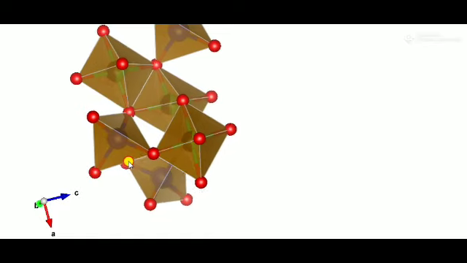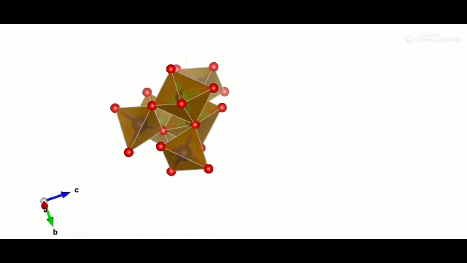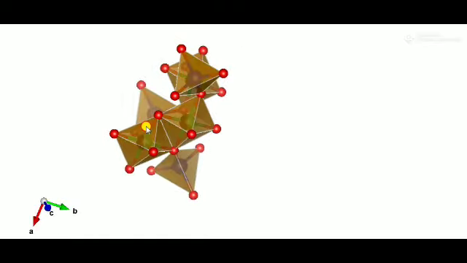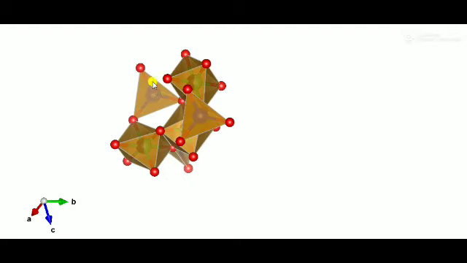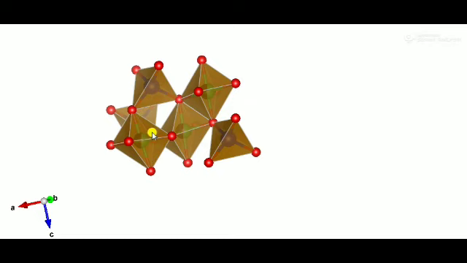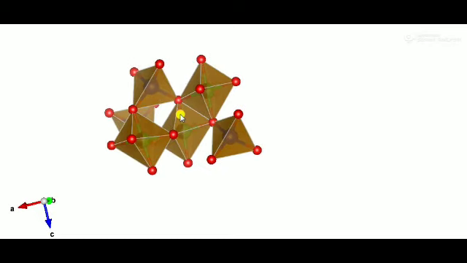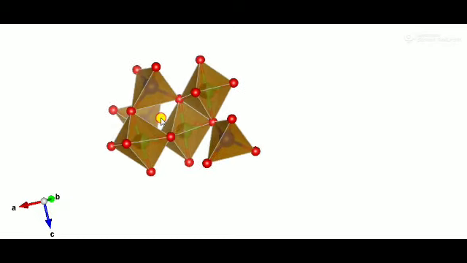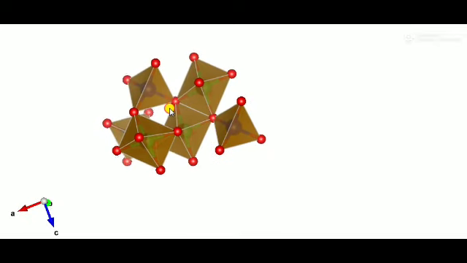See, if I use the polyhedral, then it will look like this. See, this is the tetrahedral geometry, this is the octahedral geometry. They are connected and they also produce a void space between them.